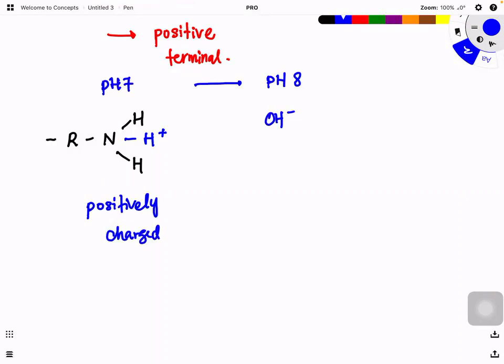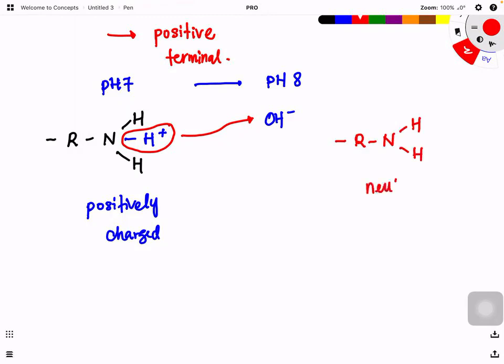What will happen here is, if I add OH minus, this positively charged proton can detach and combine with the OH minus. Can you see that? It can detach and bind to the OH to form water, a neutralization process. Correct or not? So now it becomes R and H2, neutral.